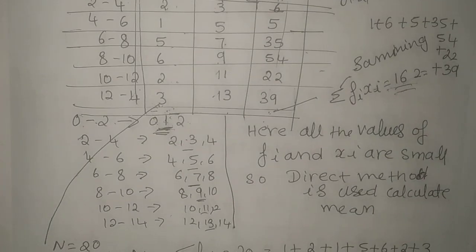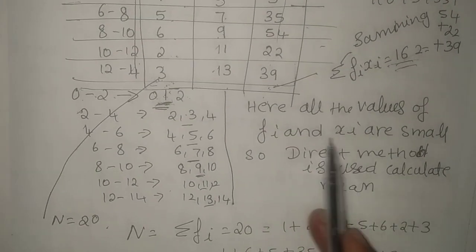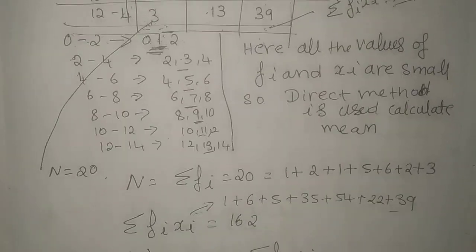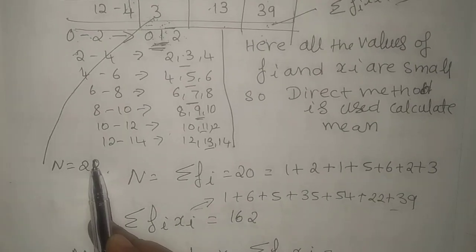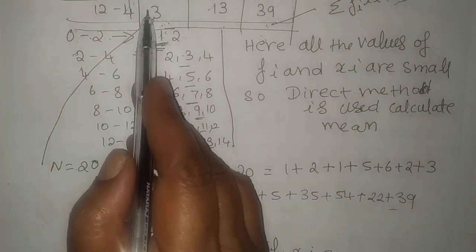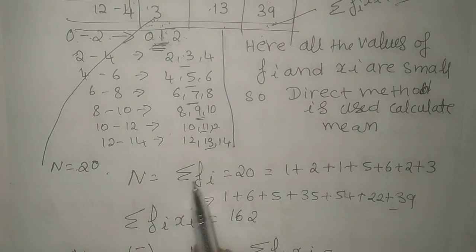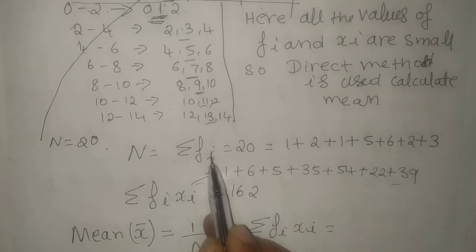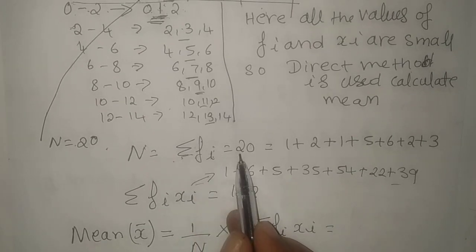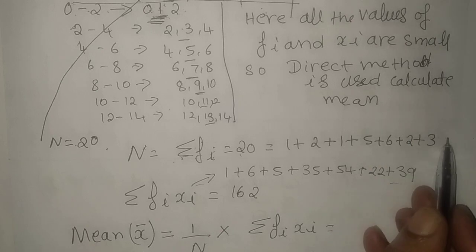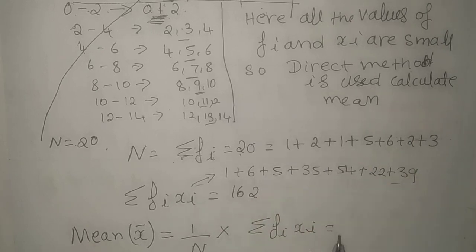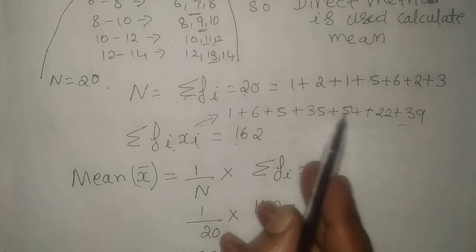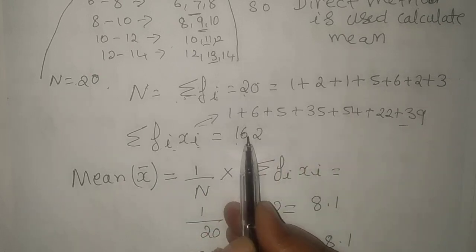Since all the values of fi and xi are small, we use the direct method to calculate the mean. We have n is equal to 20 here. Adding all fi, we get n is equal to 20. After this, summation of fi xi will be adding all these values, and we get 162.